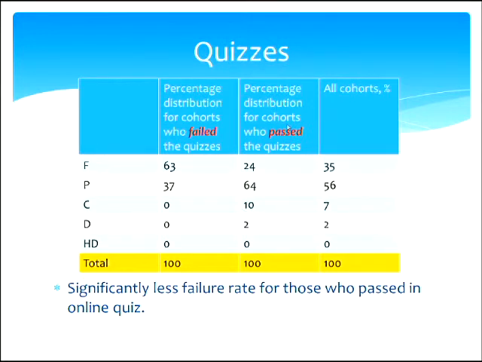Whereas for the cohort who passed the quizzes, the failure rate was lower, less than 24%, and obviously more students passed the unit, 64%, and there are some credit and distinction students as well.